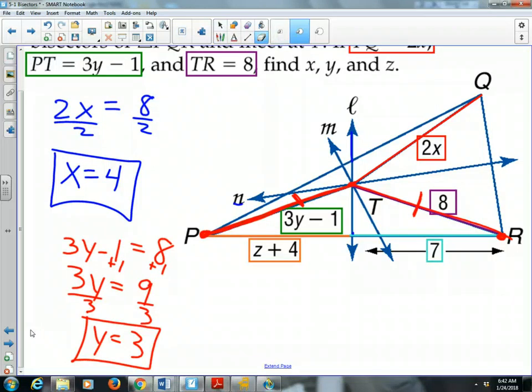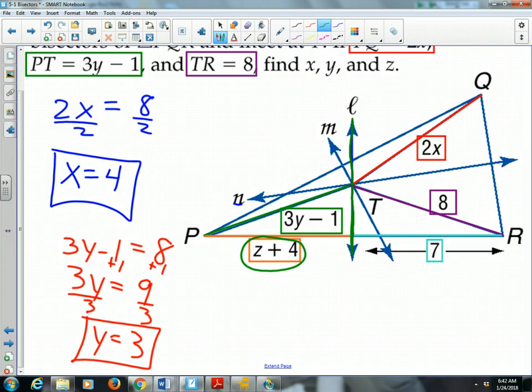Last thing, we got to find z. Now z is right here. And L is a perpendicular bisector. So if L is a perpendicular bisector, this angle is 90 degrees, and it cuts PR in half. That's what a bisector does, is it cuts it in half.